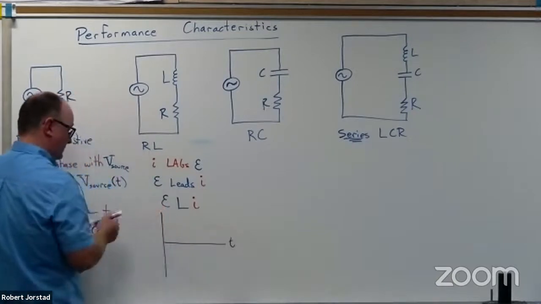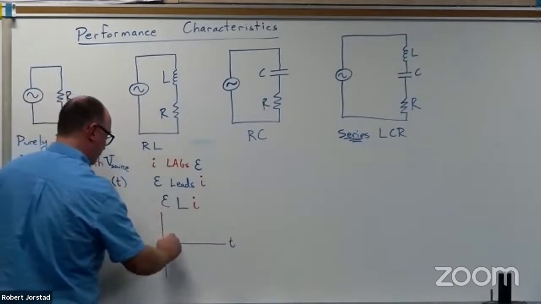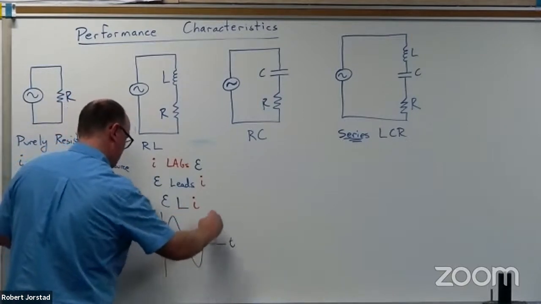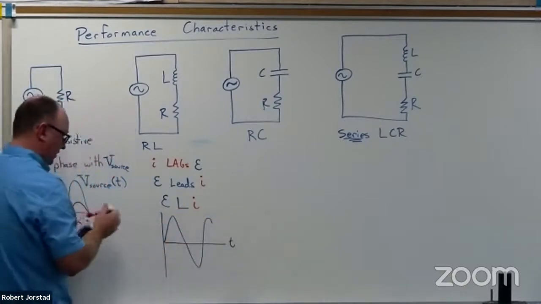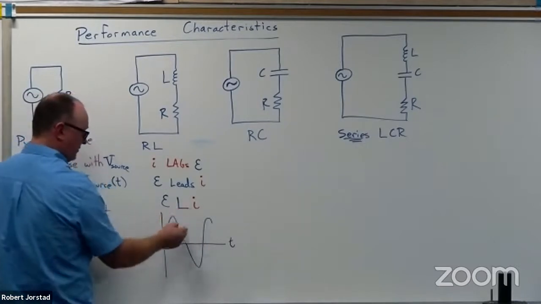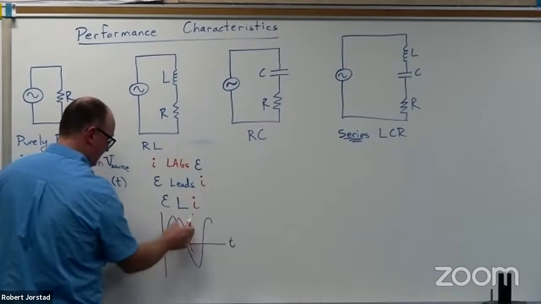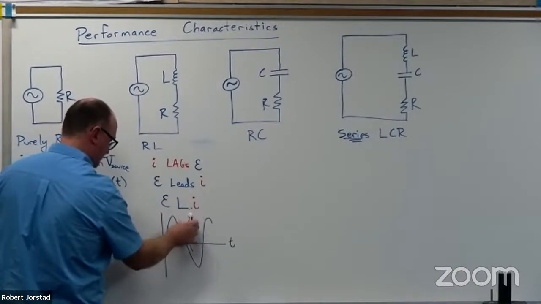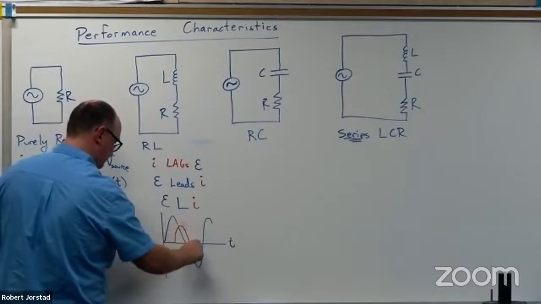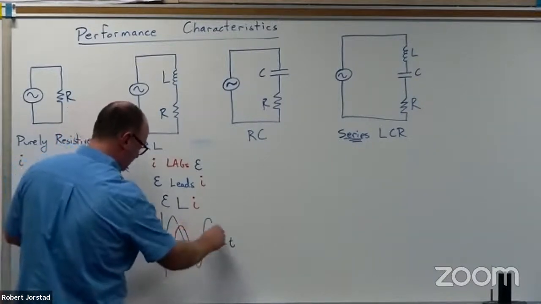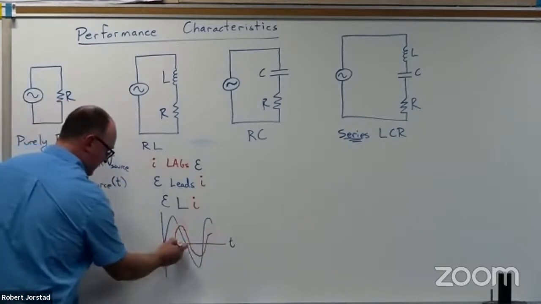So what did we see? We saw the voltage was peaking, and then the current would peak a little bit later. Current was lagging it, right? And they're not necessarily the same size either. Sorry, it's kind of hard for me to draw these, but the idea is something like that.